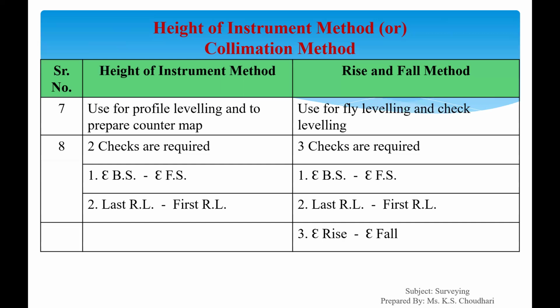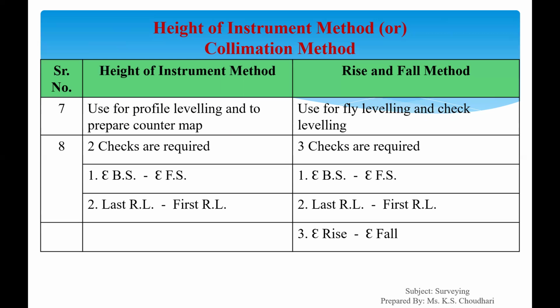In height of instrument method, there are two checks required. Number one, summation of backsight readings minus summation of foresight readings. And number two, last RL minus first RL, that is, last reduced level minus first reduced level. In rise and fall method, three checks are required. Number one, summation of backsight minus summation of foresight.